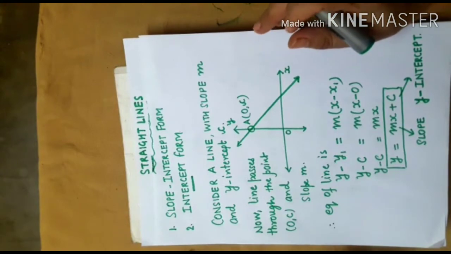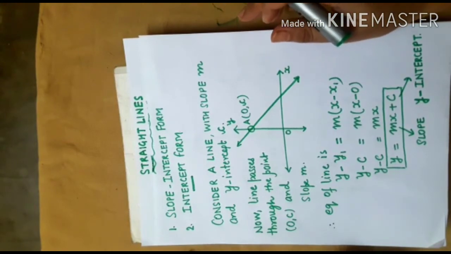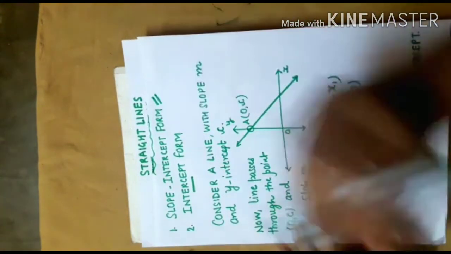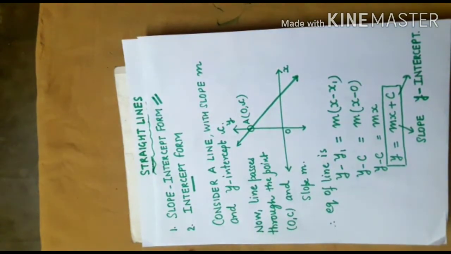So now we will study the equation of a line in slope-intercept form. Slope-intercept form means that we are given the slope of the line and we are given one of the intercepts, that is x-intercept or y-intercept.